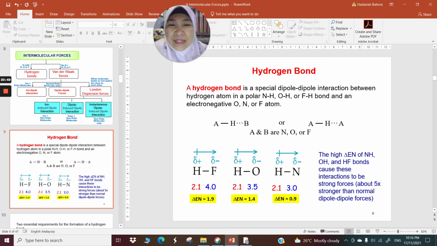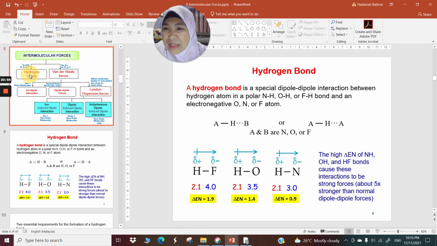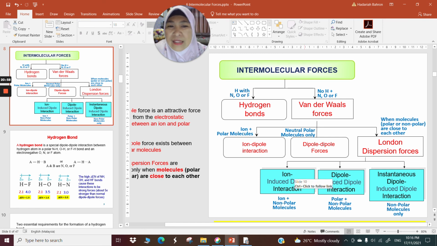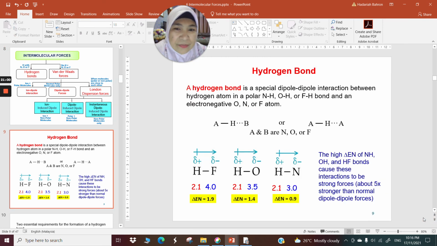Now let's talk about hydrogen bonding. Can you recall hydrogen bond here? A hydrogen bond is a special dipole-dipole interaction between a hydrogen atom in a polar N-H, O-H, or F-H bond and an electronegative oxygen, nitrogen, or fluorine atom.